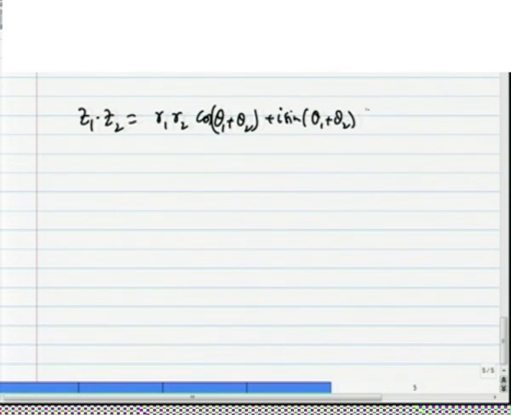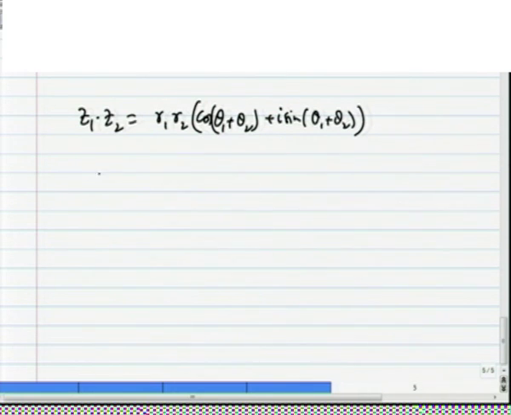Next, what I want to do is look further into multiplication. Okay. So, we saw that z 1 times z 2 is equal to r 1 r 2 cosine theta 1 plus theta 2 plus i sine theta 1 plus theta 2, where z 1 is r 1 cosine theta 1 plus i sine theta 1, and z 2 is r 2 cosine theta 2 plus i sine theta 2.